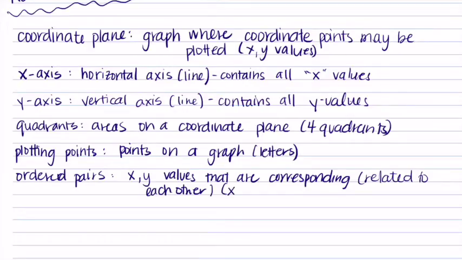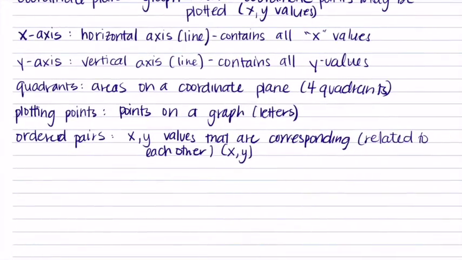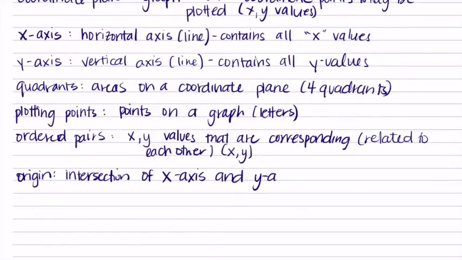They're in that ordered pair form (x, y). Our last one is our origin, which is just the intersection of our x-axis and y-axis.